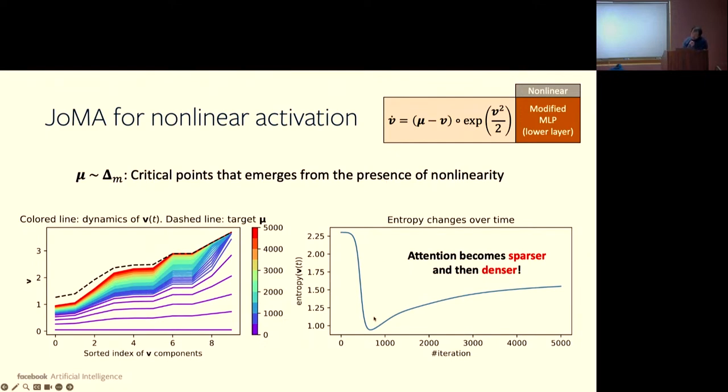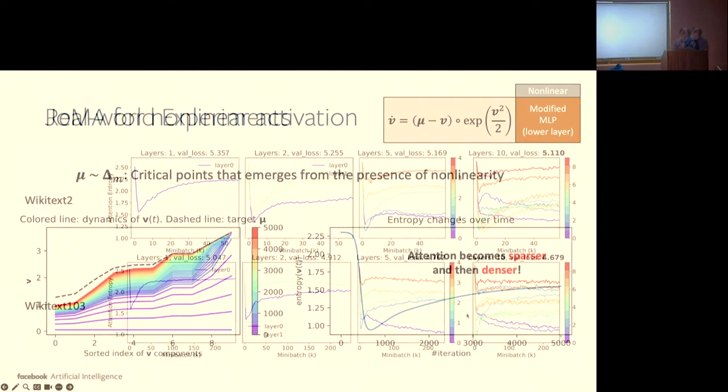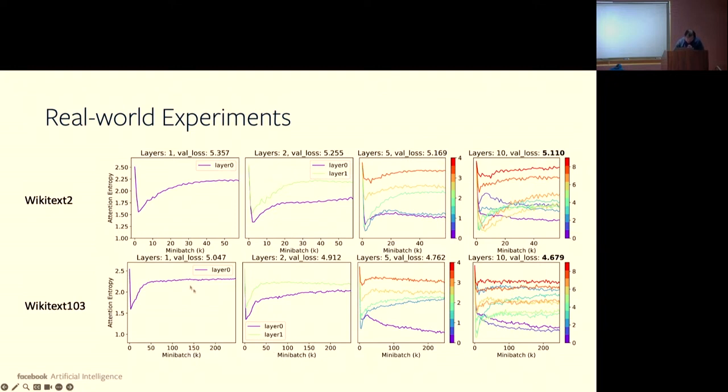That's why you see the attention entropy go down to very low numbers. But after a while, the attention score will pick up and the entropy will go up, because it also picks up features and tokens that are not salient, but still reasonably salient over time. That's why you see the attention entropy go up a little bit. This does not drop in the first step because here the unit is mini-batch K, so kilo mini-batches.